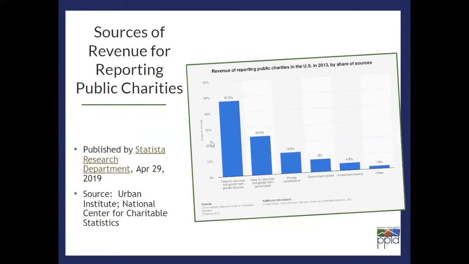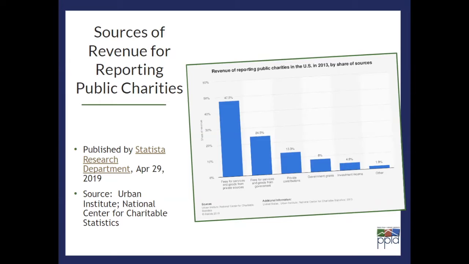So we started looking at the big picture of all types of nonprofit revenue. Now we're looking at the nonprofit sector as a whole. Fees for goods and services, which is known as earned income, is really going to be the largest category of revenue.